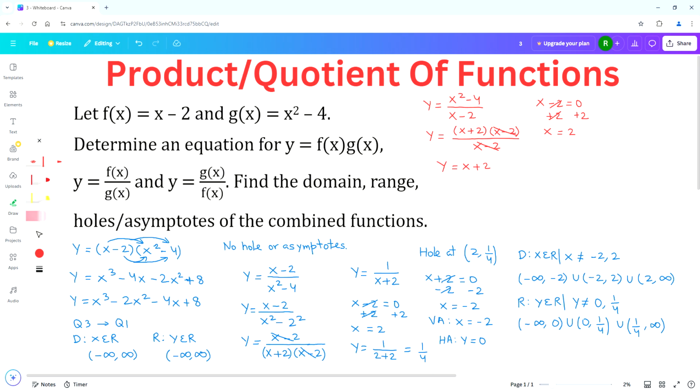Next, we can sub in x as 2 in the function equation we found to find the y coordinate of the hole. So the hole is at (2, 4). The function y = g(x) over f(x) has no asymptotes. Next, we can find the domain.